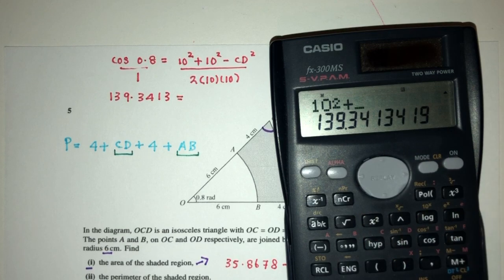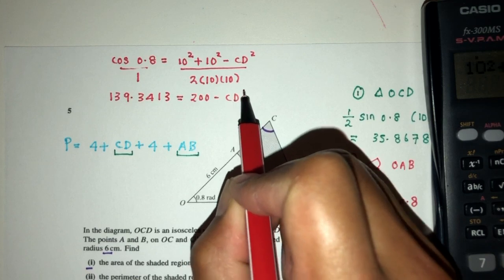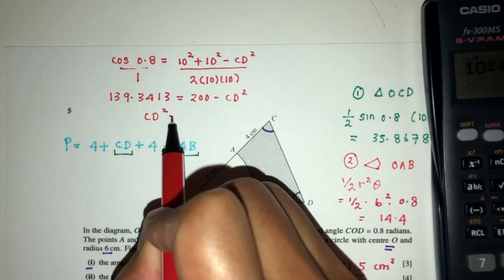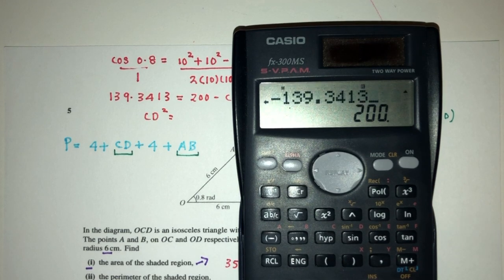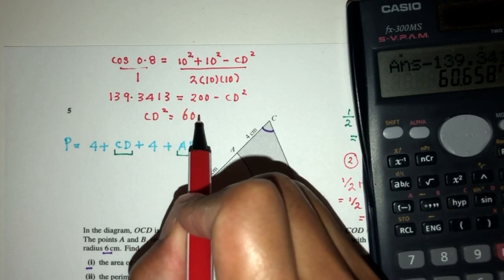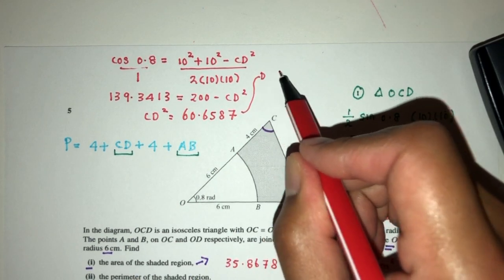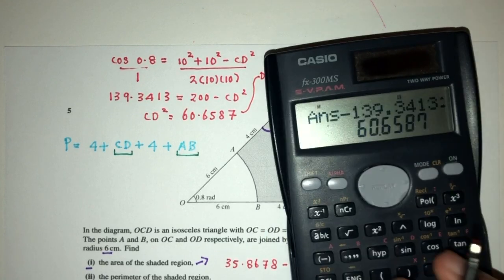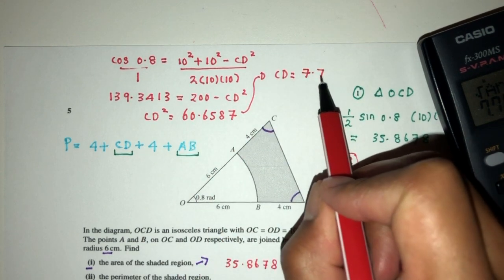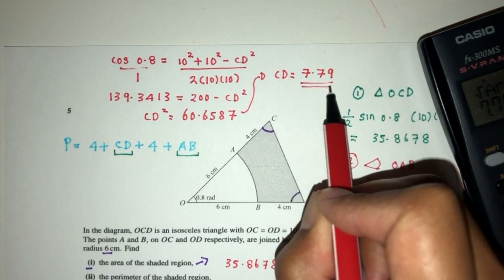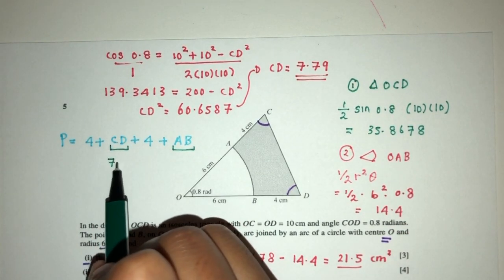So 10 squared plus 10 squared, that will be 200, minus CD squared. CD squared will be what? 200 minus 139.3413, that will be 60.6587. So from here, we can find the value of CD. CD will be the square root of that value, that will be 7.79. Okay, so that will be CD as required.